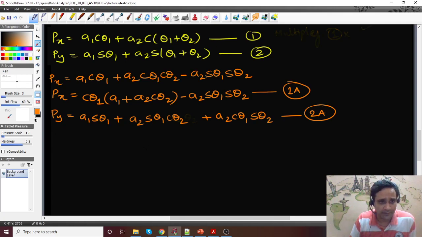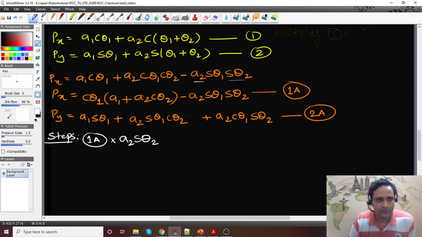The step is that we have to multiply equation 1a with a2 sin theta 2, and we have to multiply the other equation as well.